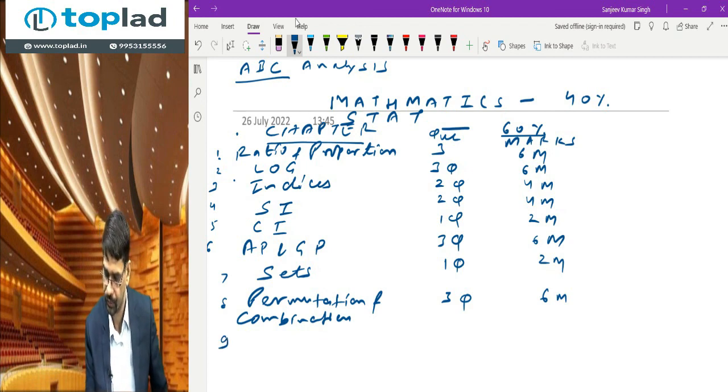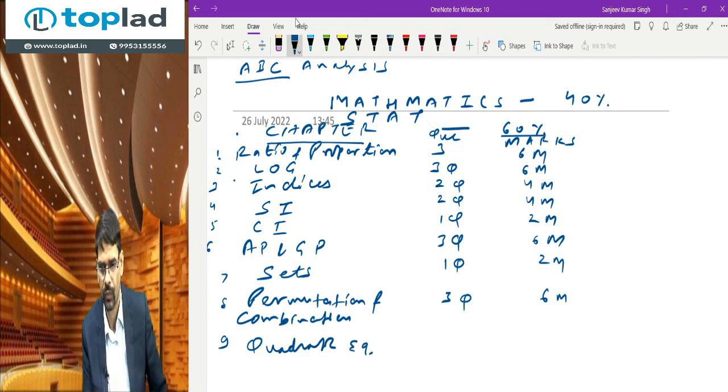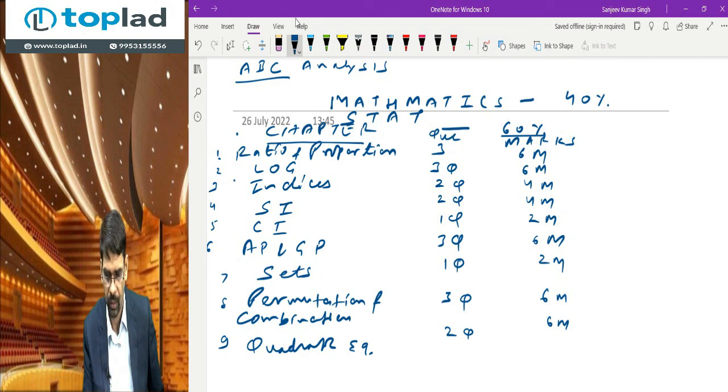The 9th chapter is quadratic equation. 2 questions, 6 marks. So this is about the mathematics subject, the marks allocated to each chapter.